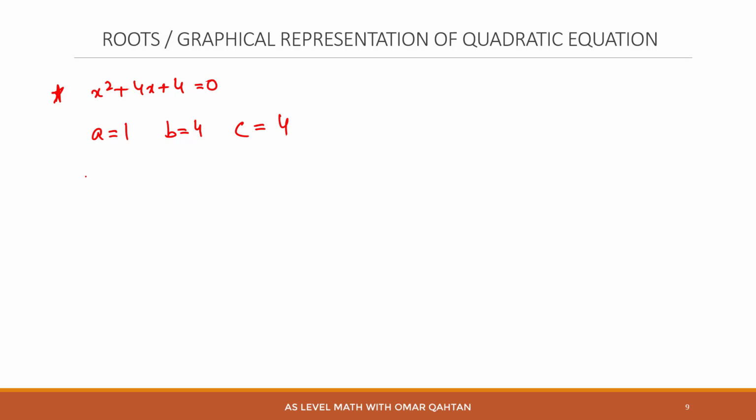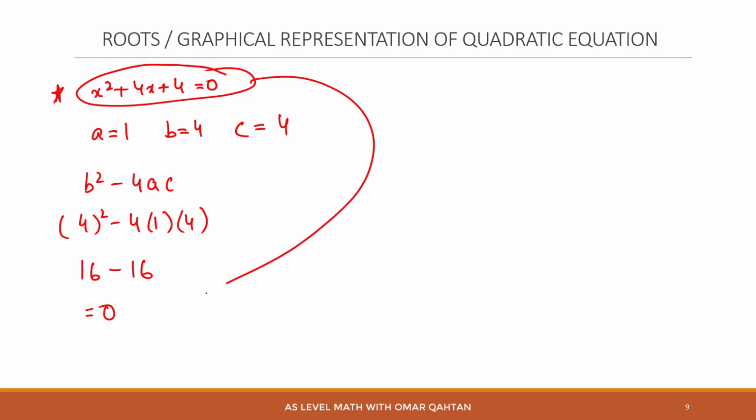Let's apply the discriminant. b square minus 4ac, so 4 square minus 4 times 1 times 4. So 16 minus 16 is equal to 0. It means that this equation will give you equal real roots.